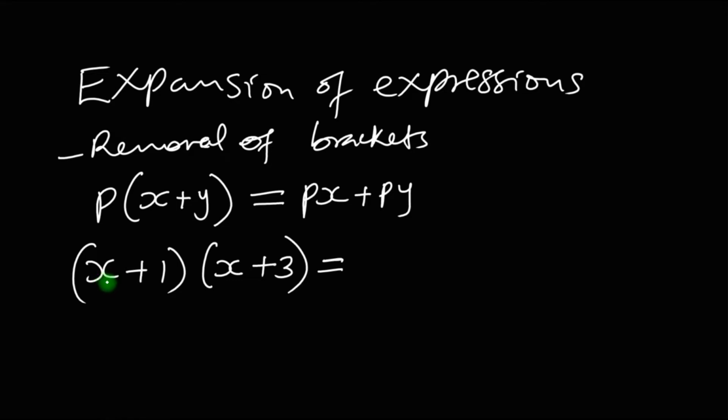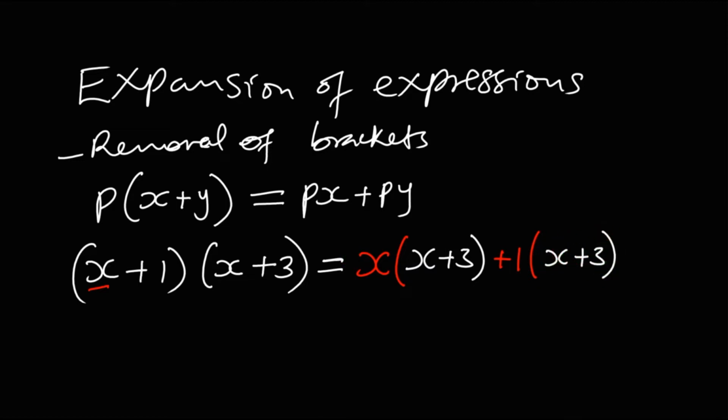The first element in the first bracket, we multiply by what is in the second bracket. So in this case we have x multiplied by x + 3. Then the second element in the first bracket, that is +1, we multiply by what is in the second bracket.